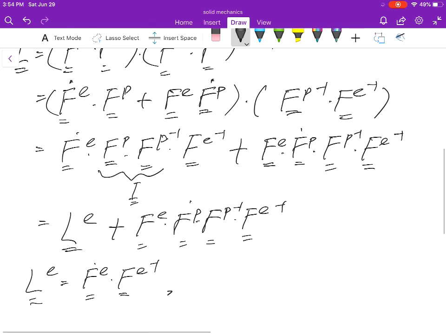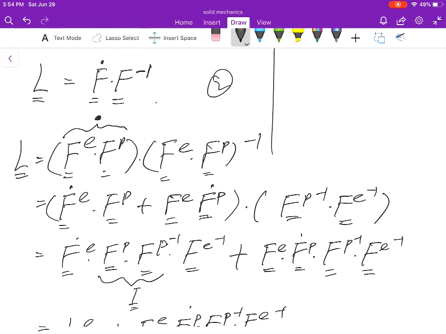You see, compared with equation 2, they are essentially the same thing.